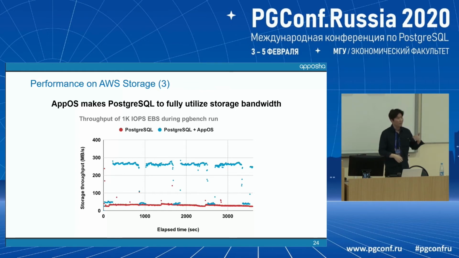Red dots indicate PostgreSQL, and blue dots indicate PostgreSQL plus AppOS enabled. As you can see, without AppOS, PostgreSQL can only get about 20 to 30 megabytes per second from its EBS storage, but with AppOS enabled, PostgreSQL can get about 250 megabytes per second when it needs to do heavy IOs, heavy writes in this case.